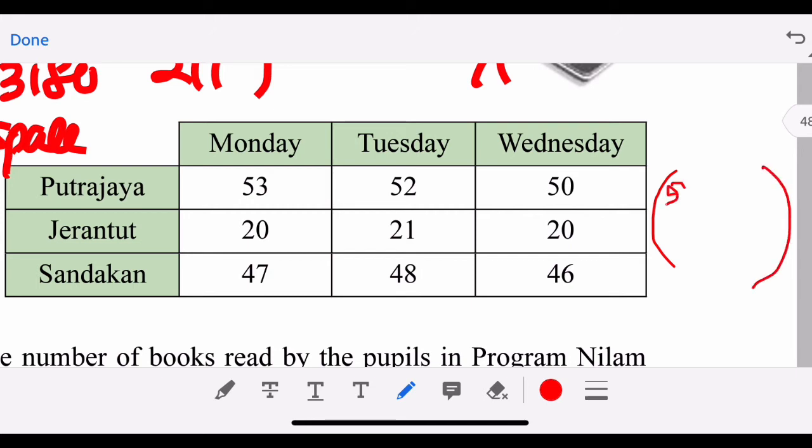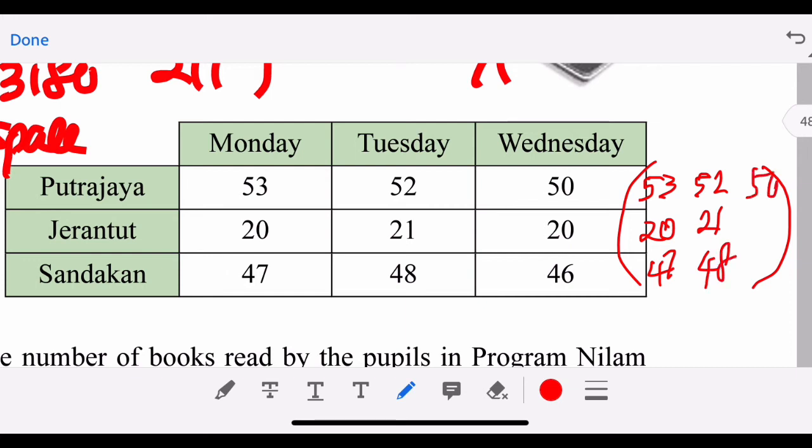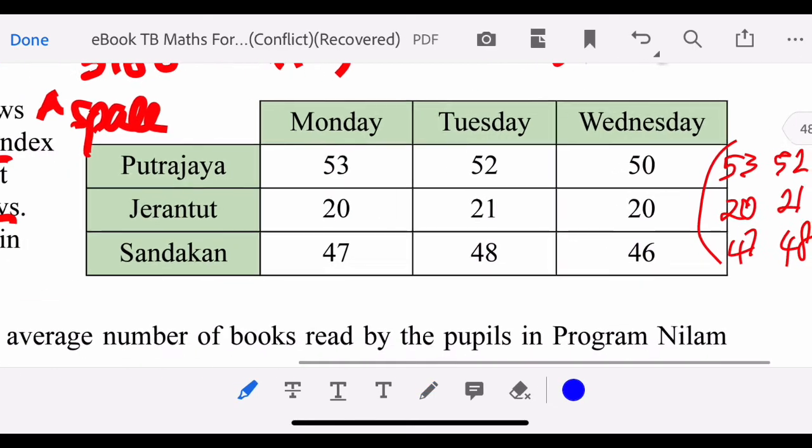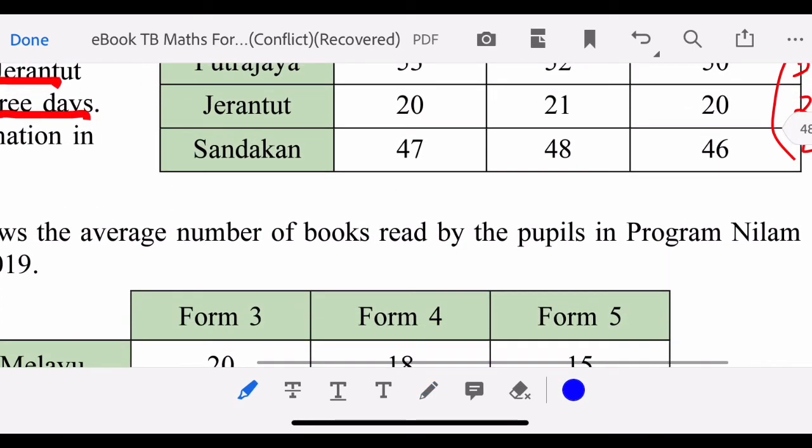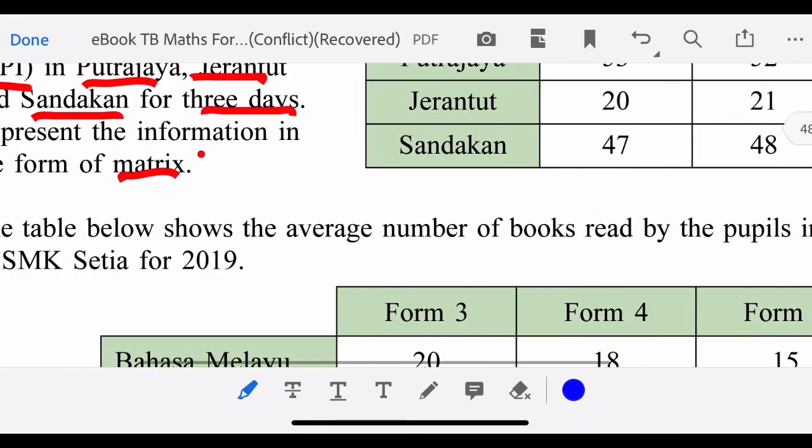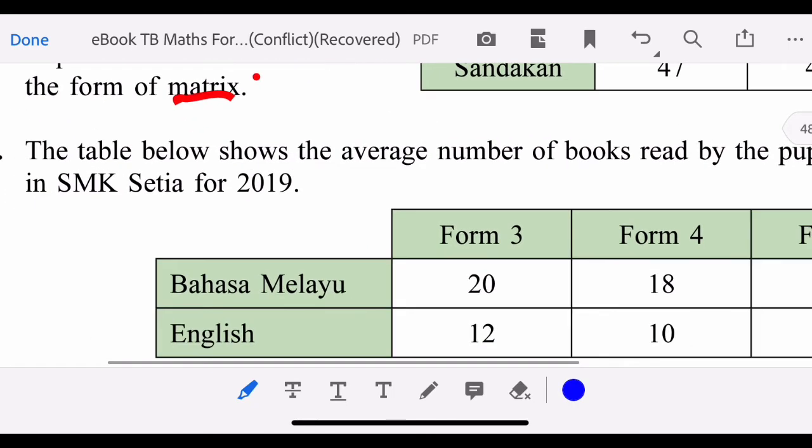Make sure you write the numbers nicely in order. Normally you must leave some space for the data so that it won't be so close like this. 50, 20, and 46. So actually this is a square matrix, right? It's 3 by 3. So it's very simple, isn't it? Matrix is simple, so everyone can do well for matrix.